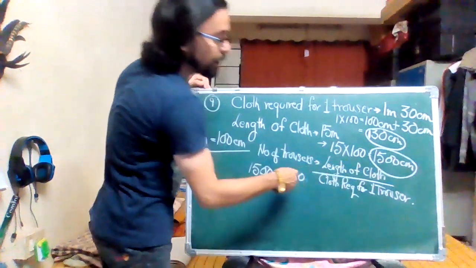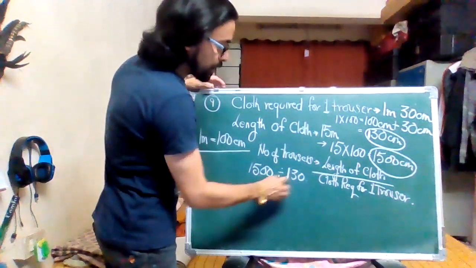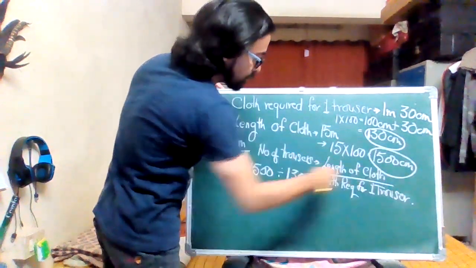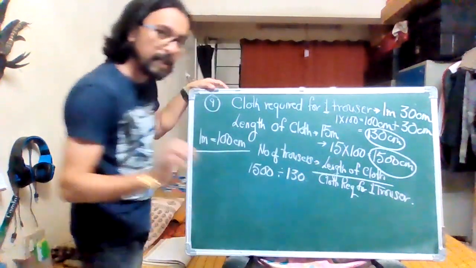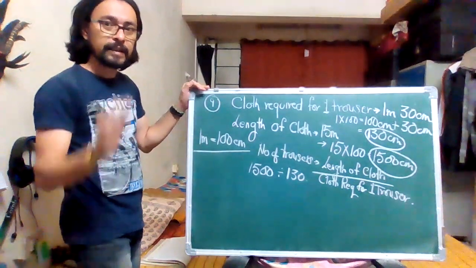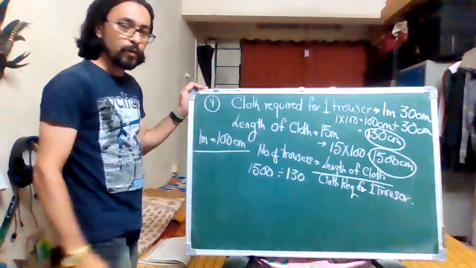Remember, I have put the division bar out here because I do not have any space to write anymore. If I had space, I would have put the division sign here and continued to write. So instead of a division sign, I've used a division bar. It means the same thing. In any case, you're dividing one number by the other number. So I get 1500 divided by 130.